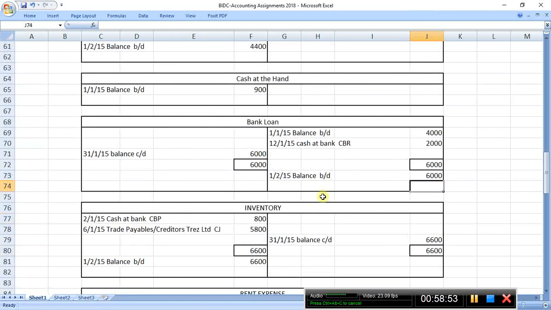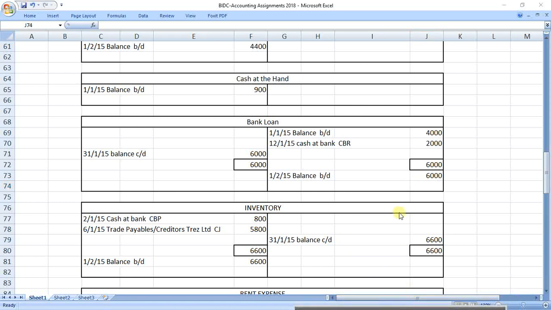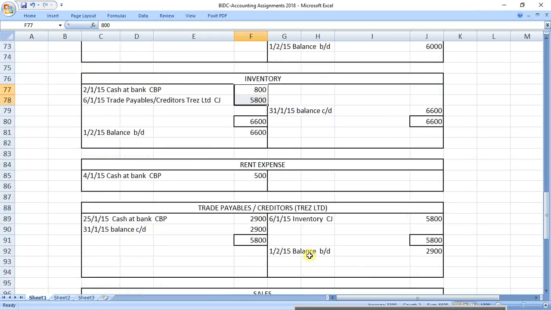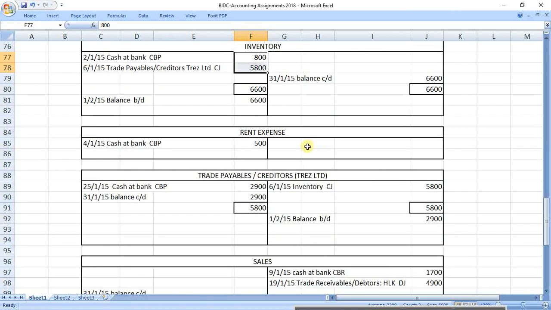Bank loan. Inventory was again just adding up and then just balancing off. Rent you don't have to balance.